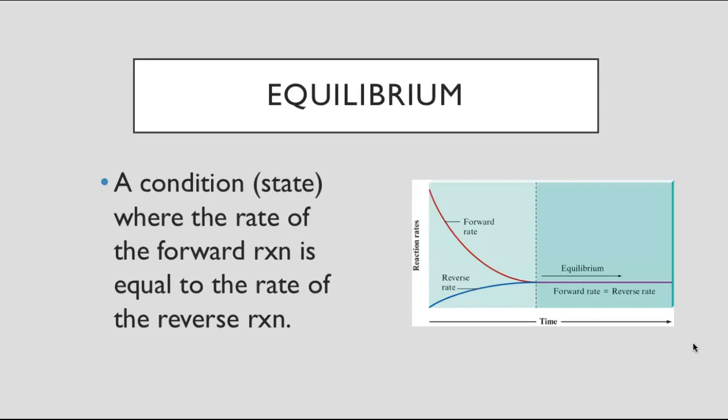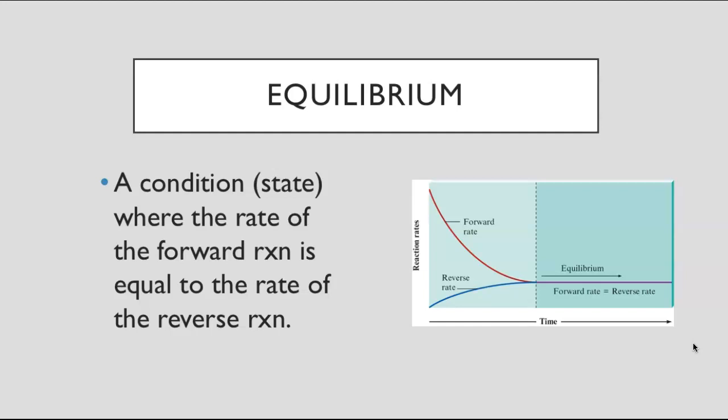All right, so that's all that we're going to say on reaction rates. Now we are going to start looking at equilibrium. So equilibrium is important because in the next unit, when we study acids and bases, it's really just an application of equilibrium.